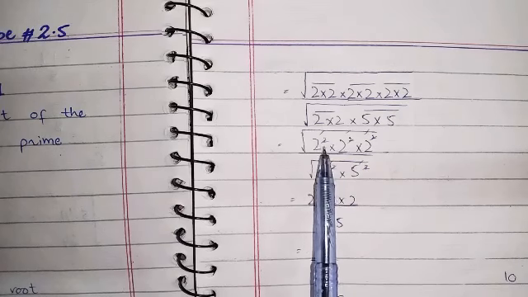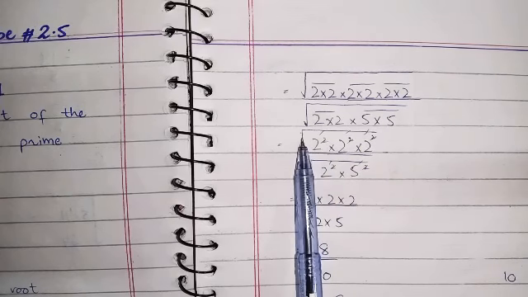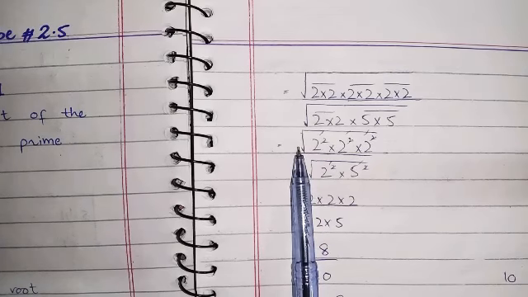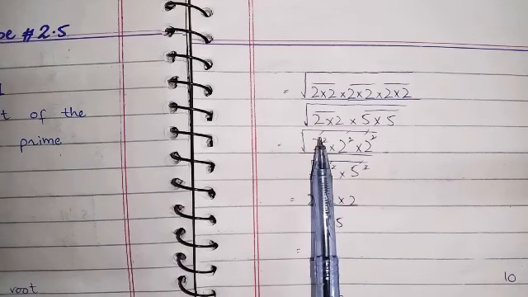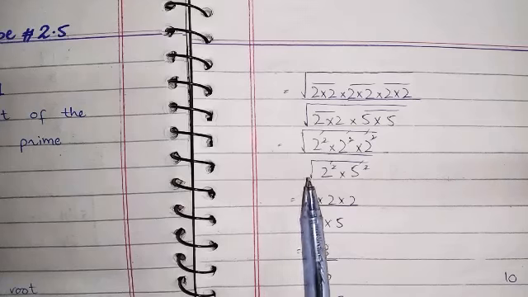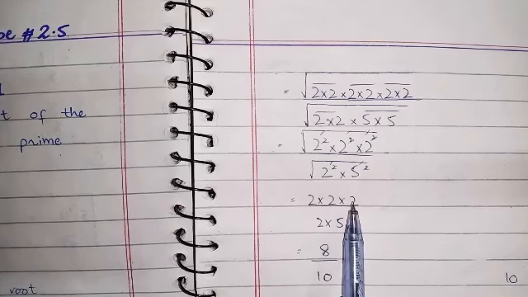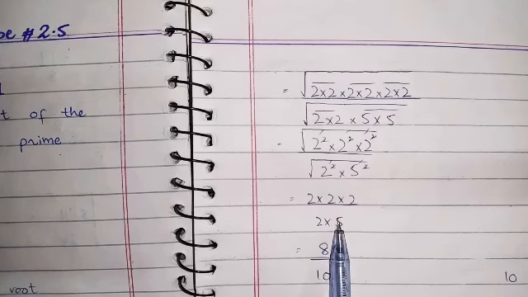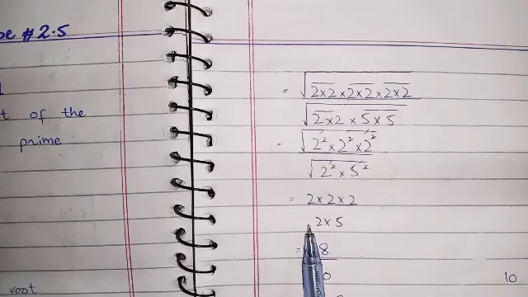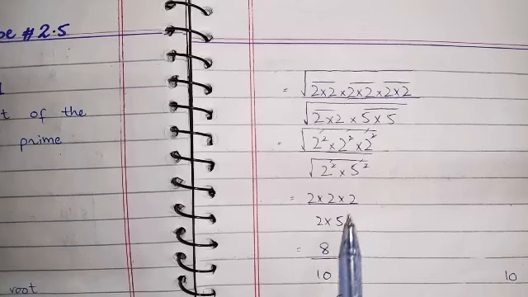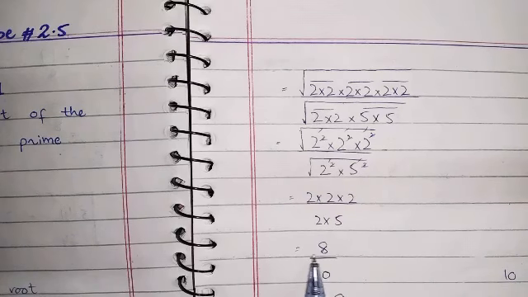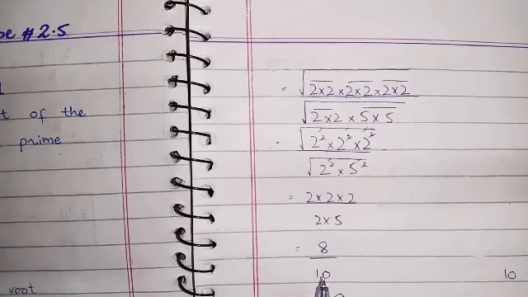As you all know, square cancels with the square root. After the cancellation of square with square root, we get 2 into 2 into 2 in the numerator, and in the denominator we get 2 into 5. After the multiplication we get 8 in the numerator and 10 in the denominator.